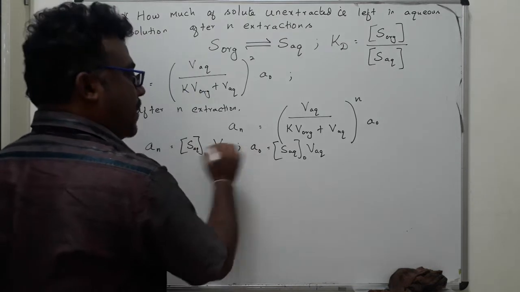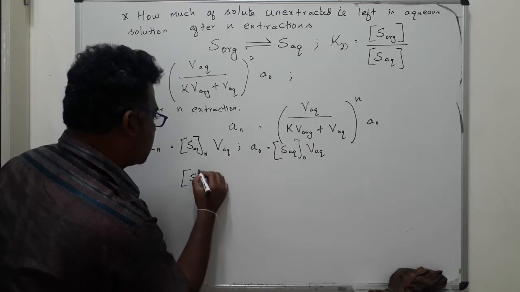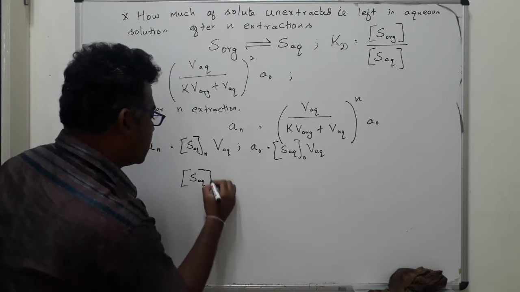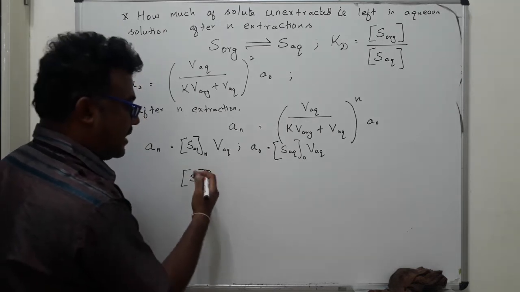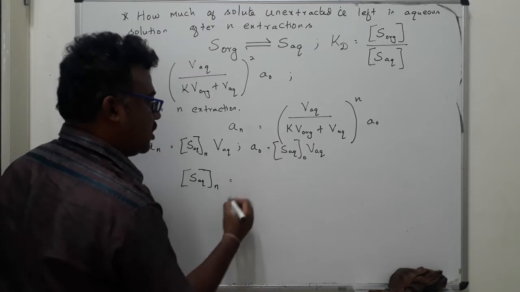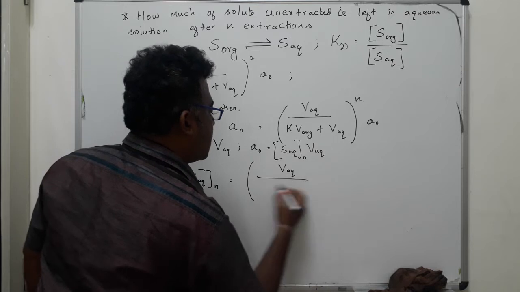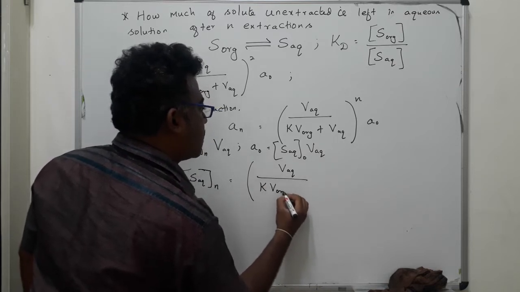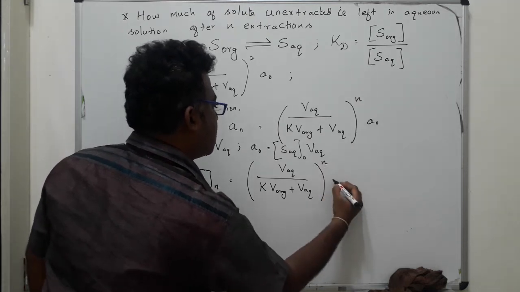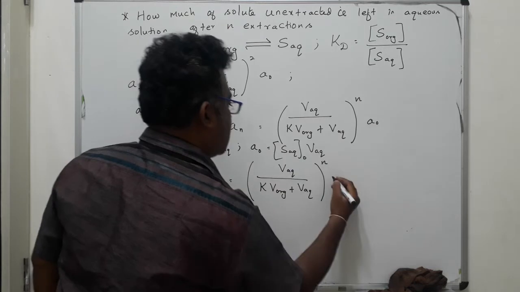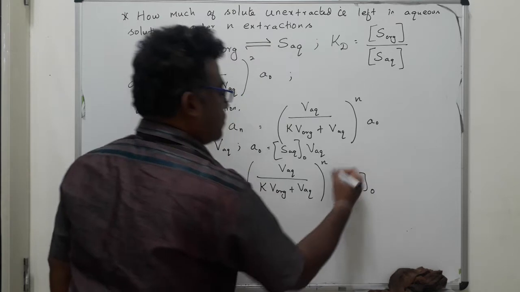So if you substitute these two parameters in this equation, you will get the concentration of solute in aqueous, how much amount of solute in aqueous is left, that means unextracted, after n extractions, which is equal to V aqueous by K V organic plus V aqueous to the power n times the original concentration.